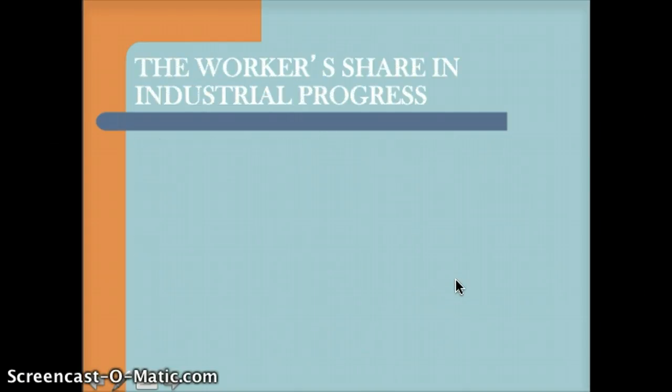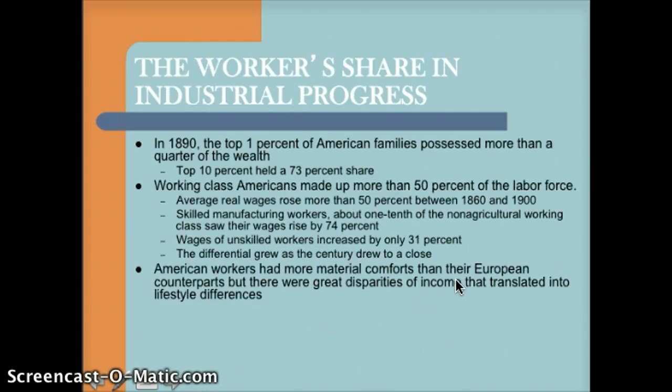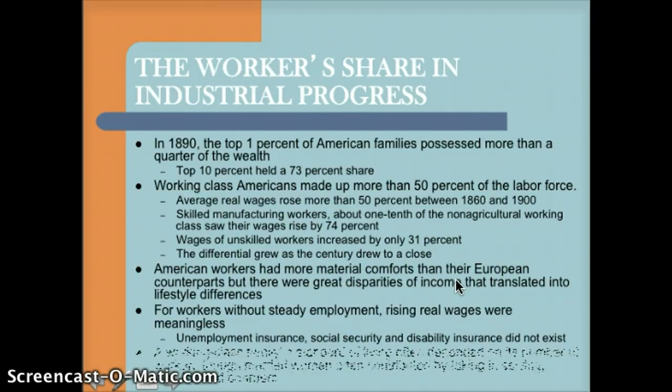Okay, we're going to take a look at a couple important factors. Your book points out in this section called The Worker's Share of Industrial Progress that there is a massive disruption of class level here in American society, and that is in 1890 the top 1% controlled more than a quarter of the wealth.